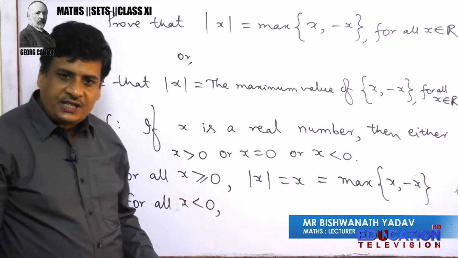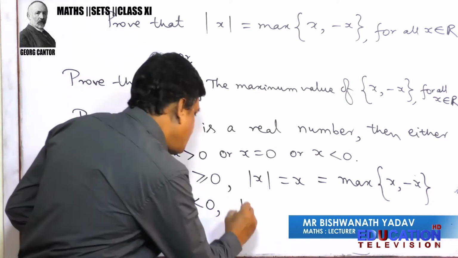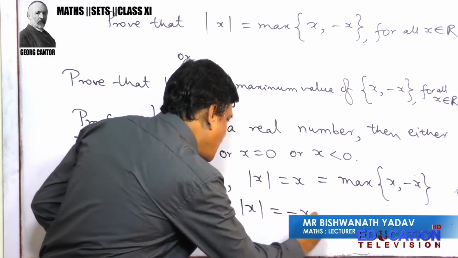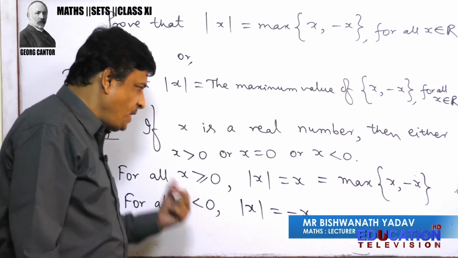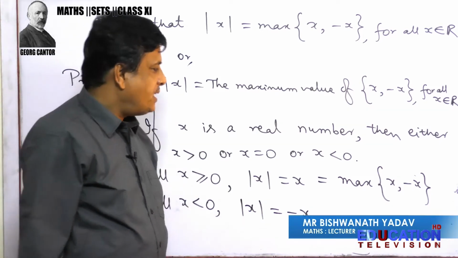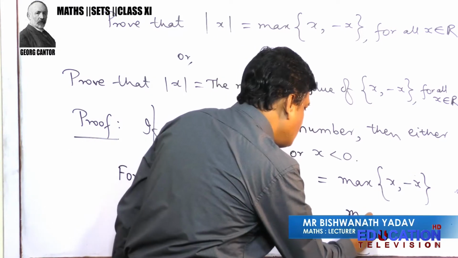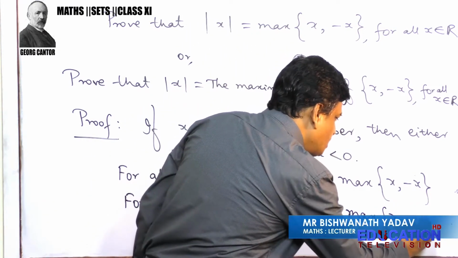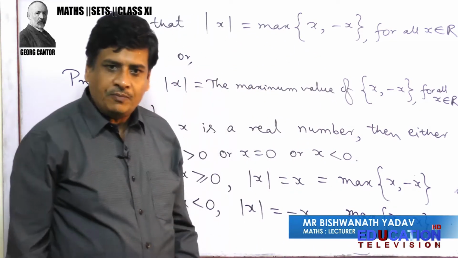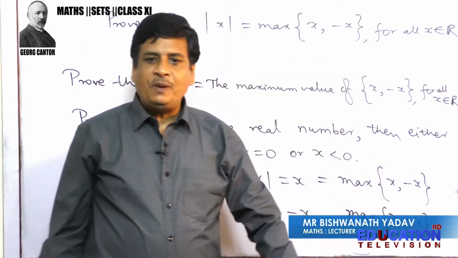For all x less than 0, modulus x is equal to minus x. By definition, if x is negative, then minus x will be positive.